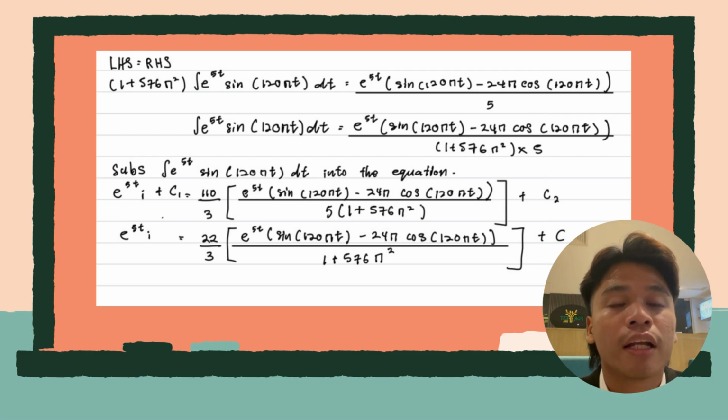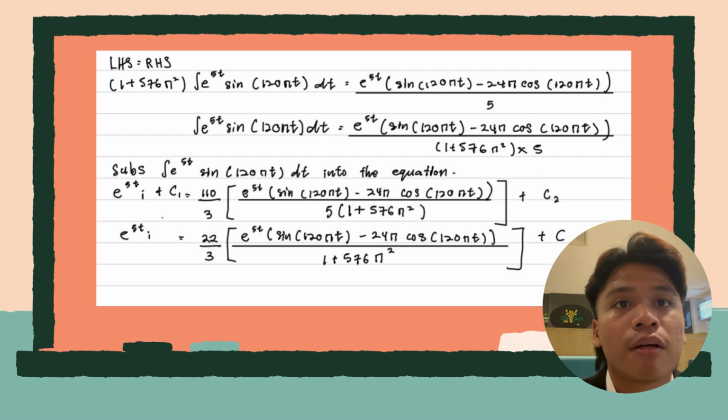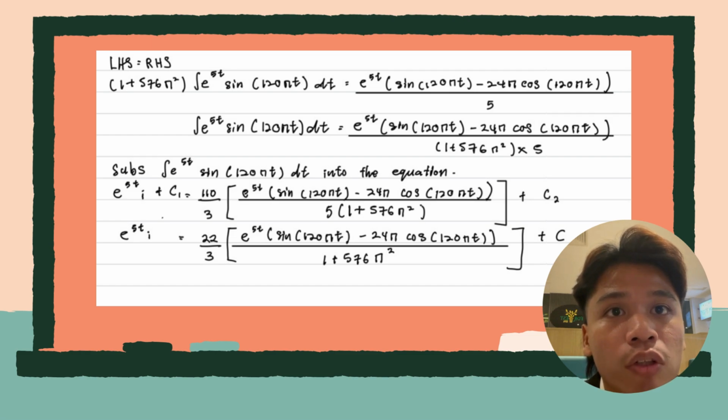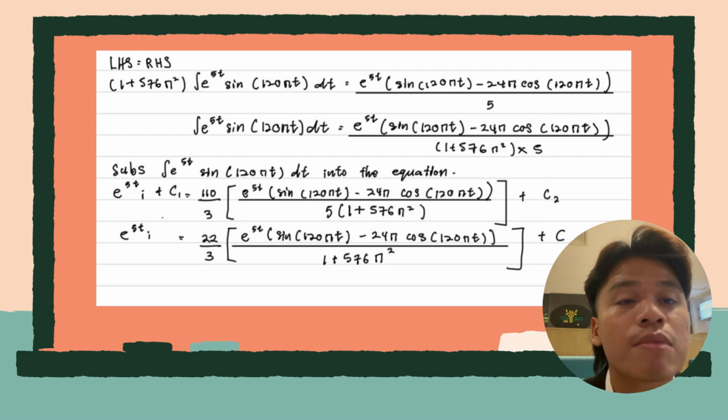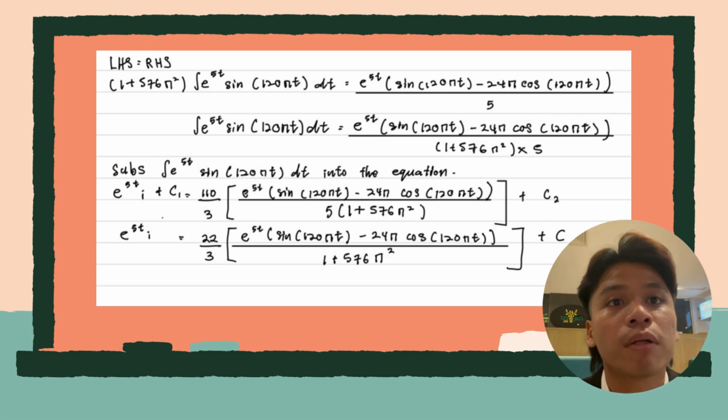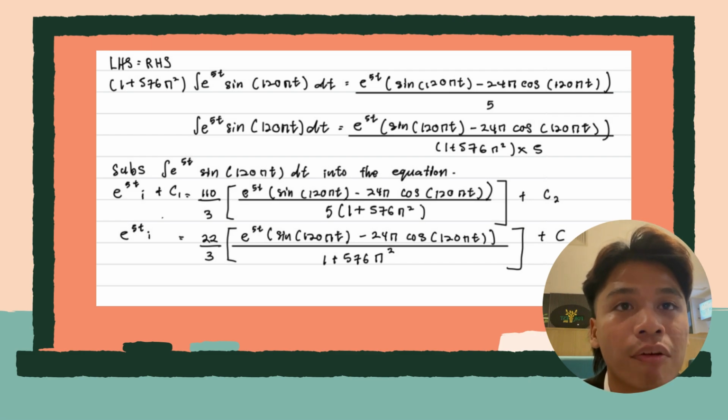Then we substitute the integral of e to the power of 5t sine 120 pi t dt into the equation, and it will be like this. We will get e to the power of 5t I equals 22 over 3 times e to the power of 5t times sine 120 pi t minus 24 pi cos 120 pi t over 1 plus 576 pi square, plus C.